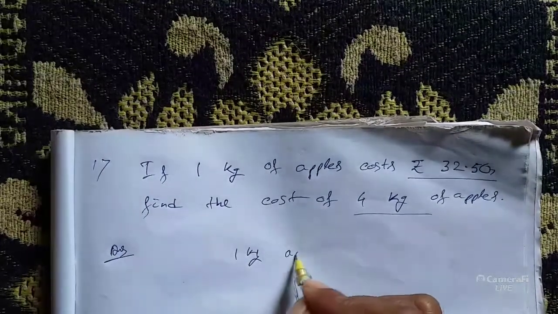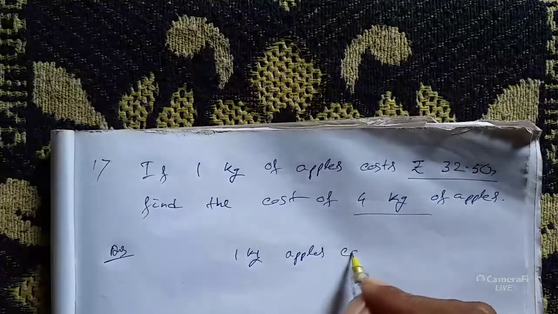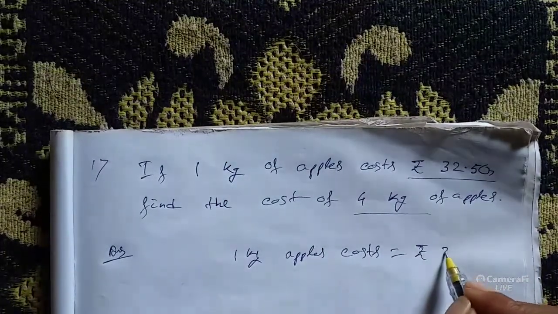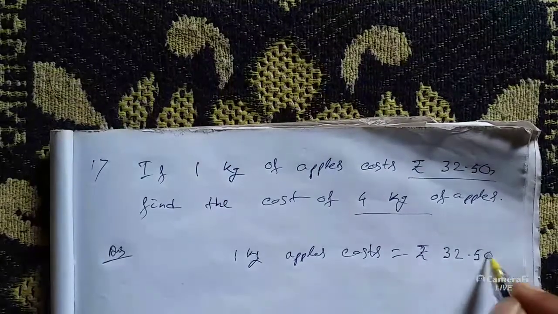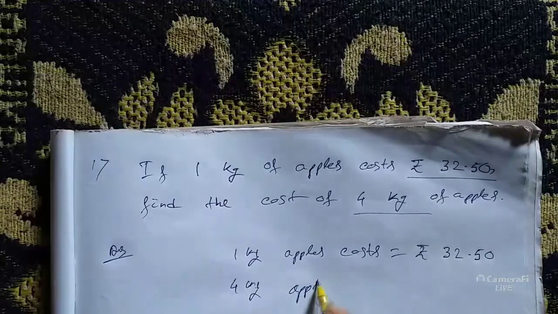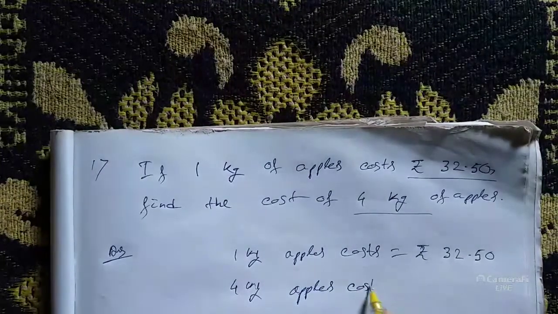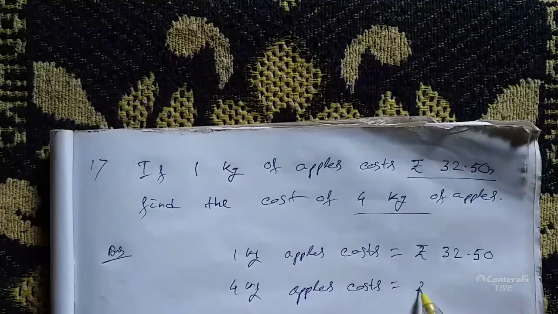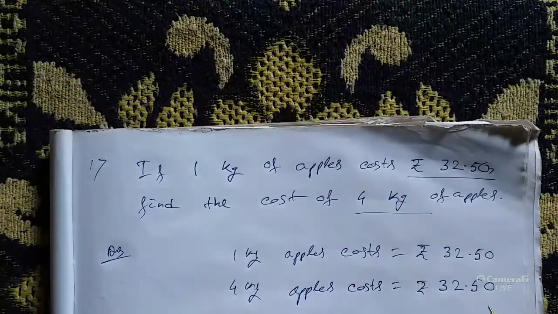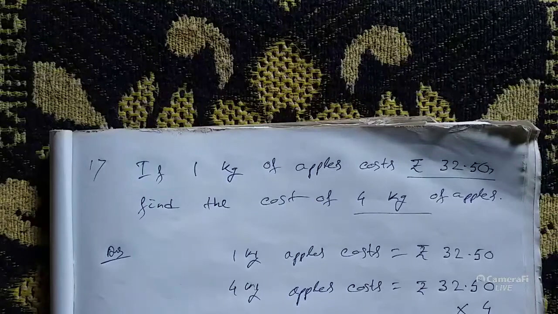1 kg apples cost rupees 32.50. So 4 kg apples cost rupees 32.50 multiplied by 4.